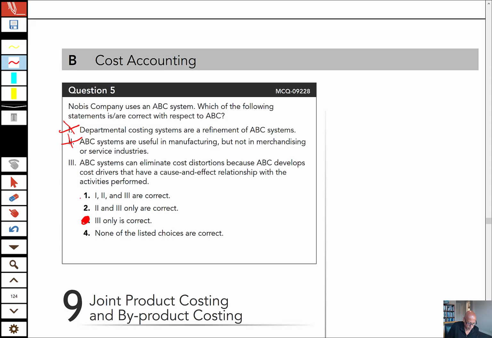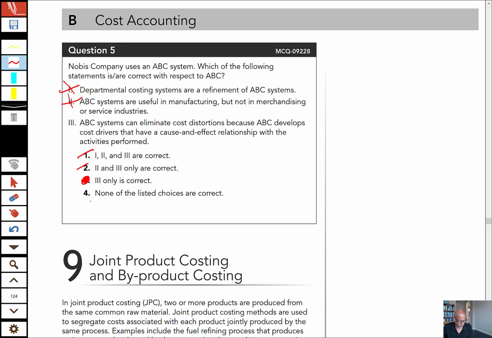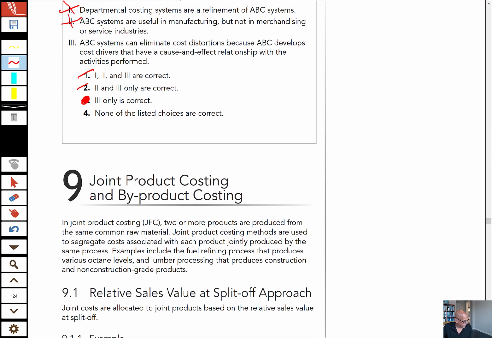So any choice that doesn't contain 3 or contains 2 is wrong. There's 2 there, I get rid of that. 2 there, I get rid of that. And 4 doesn't contain 3, so I could back into it that way if I was a little confused about that first choice, Roman 1.